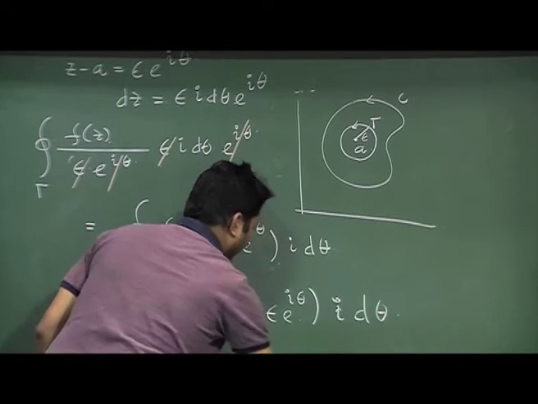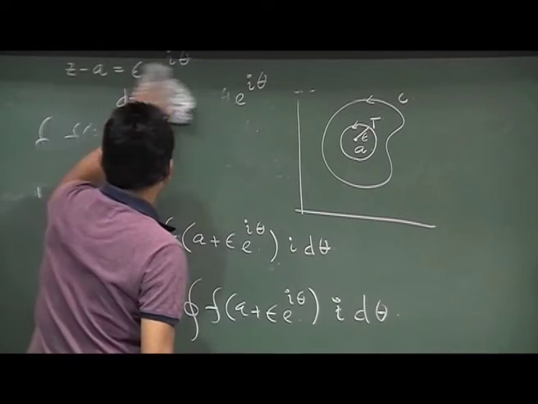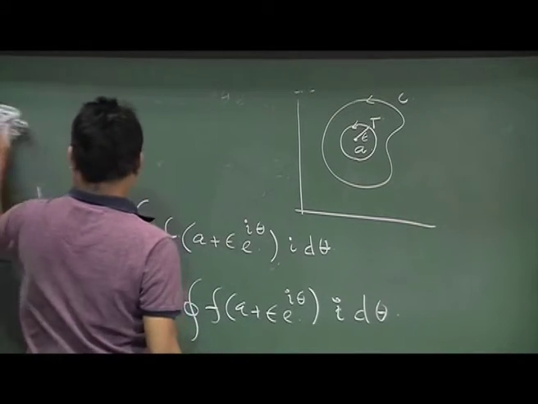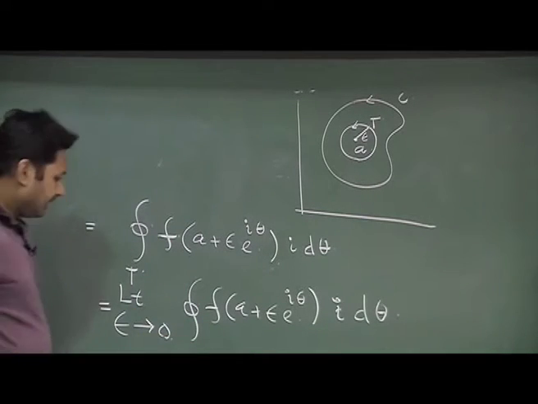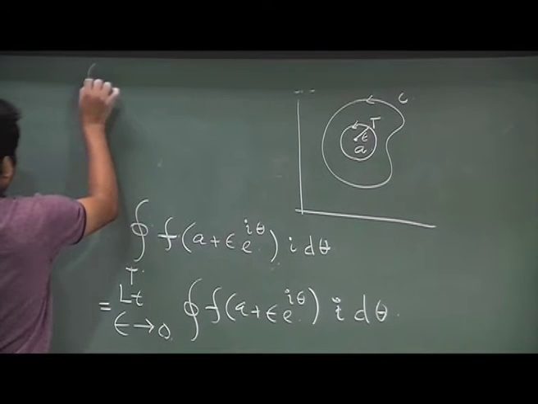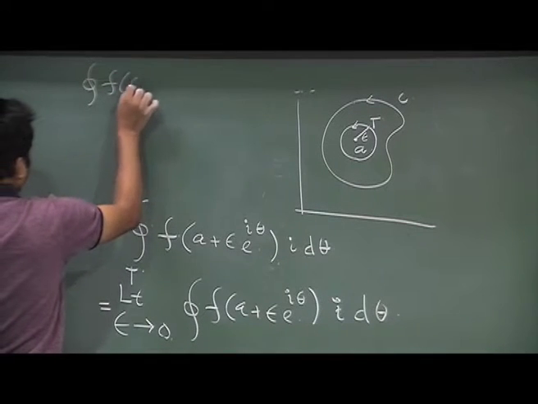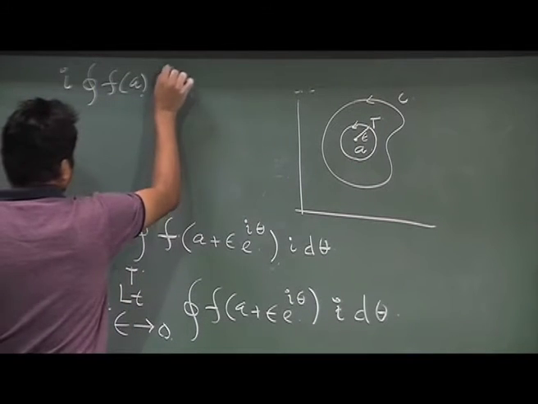It comes like this. So, this is the expression I have in my hand. After that, I will just put the limit and find out what the value is. If I put the limit here, then eventually I have the closed integration, f of a goes outside, d theta.